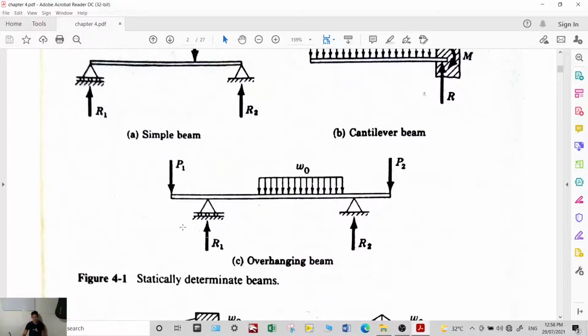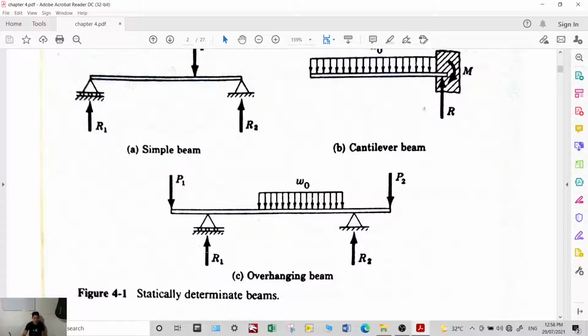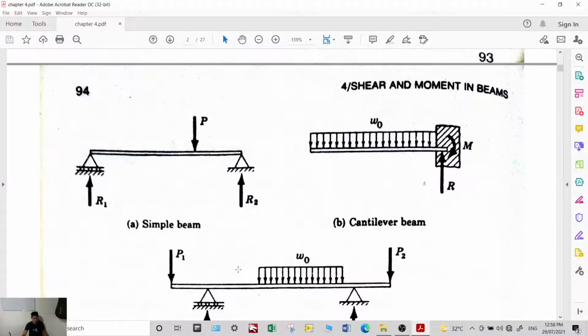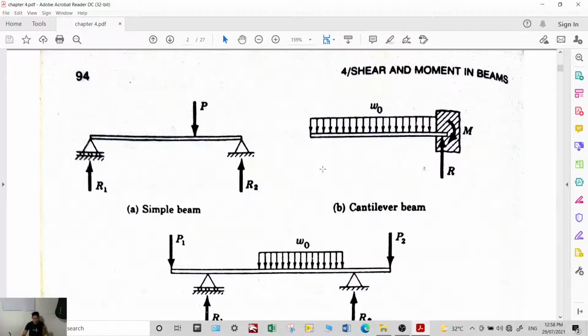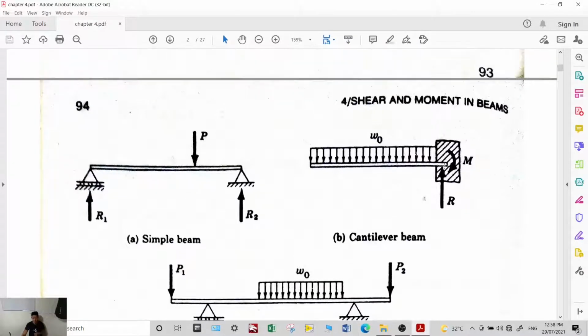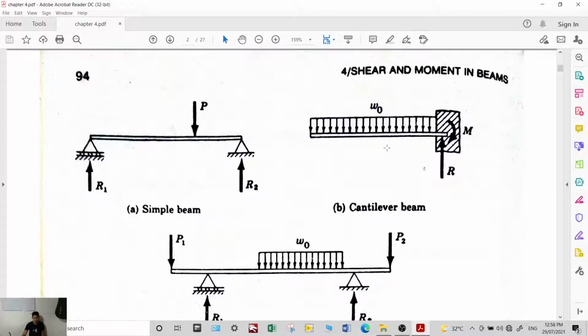Okay, let's talk about the types of beams. These three are statically determinate beams. This is the simple beam, with a smooth pin and roller. This is the cantilever beam, where one end is fixed and the other has no support, like a diving board when you go swimming.